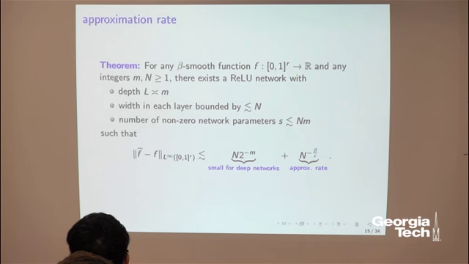And now what you can do is choose parameters, m and n, that later tell you something about the approximation rate that you get. This parameter m is essentially the depth of the network that you have to pick, and the parameter n is an upper bound for the width of the network in each of the layers.